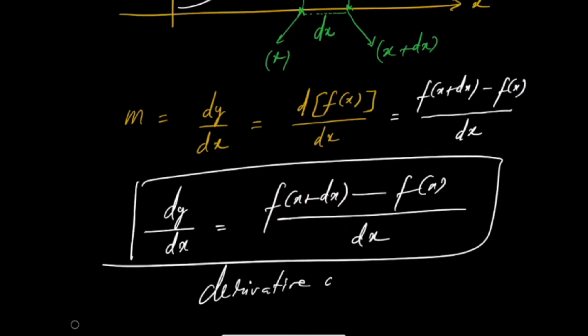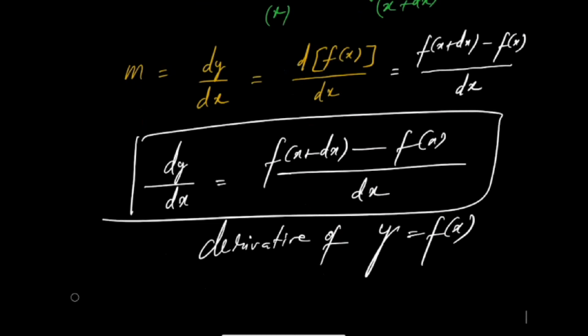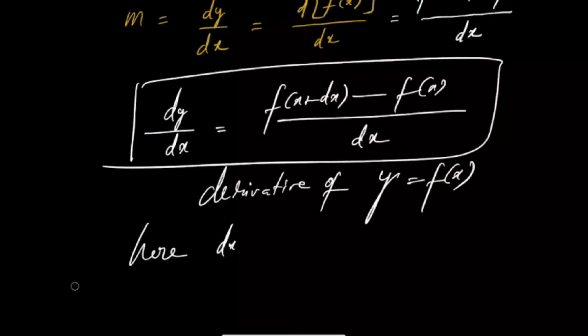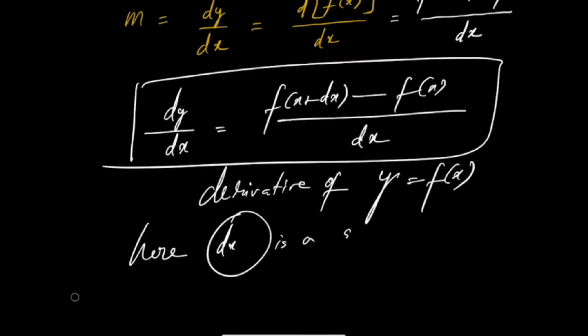So this is the formula for the derivative of a function y equals f of x. It's f of x plus dx minus f of x, by dx. So what is dx here? Here dx is a small value, something that approaches 0.